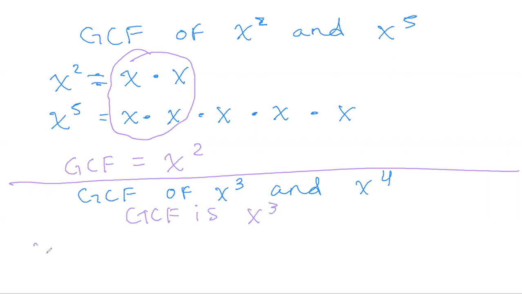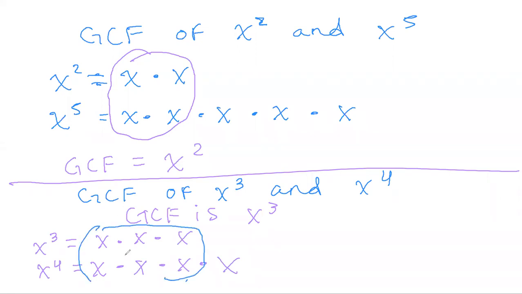Again, if we wrote this out, x cubed is x times x times x, and x to the fourth is x times x times x times x. We can only take out a maximum of 3 x's out of both of them. That's something to be mindful about and something that we'll see when we do factoring.